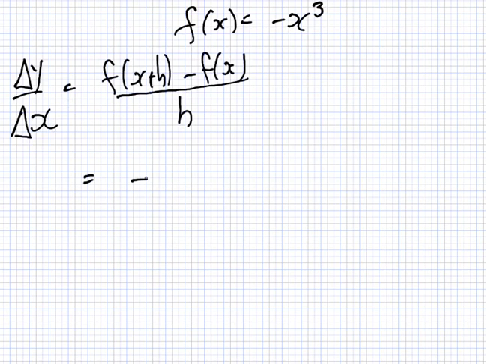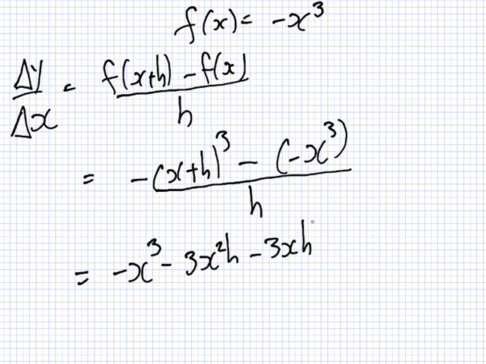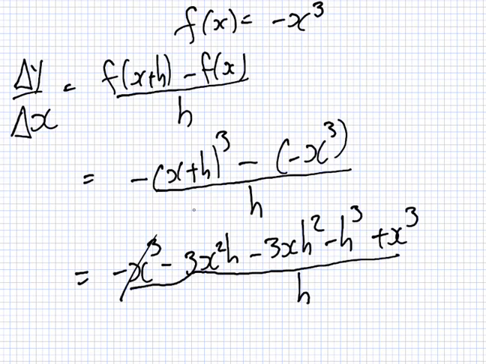So in this case it would be minus x plus h cubed minus x cubed all over h, which you get minus x cubed minus 3x squared h minus 3x h squared minus h cubed plus x cubed all over h. That cancels that. Notice something's always happening here. Notice how the first and the last always cancel. That should happen.